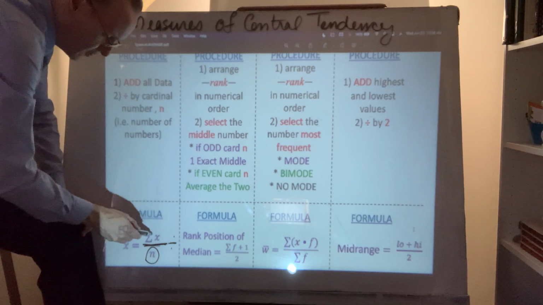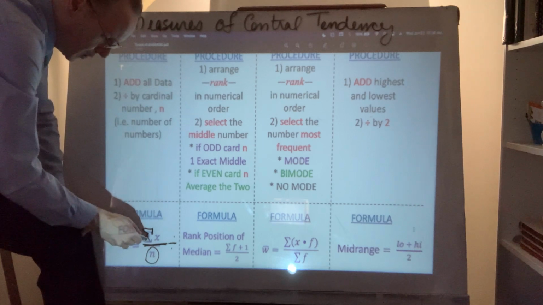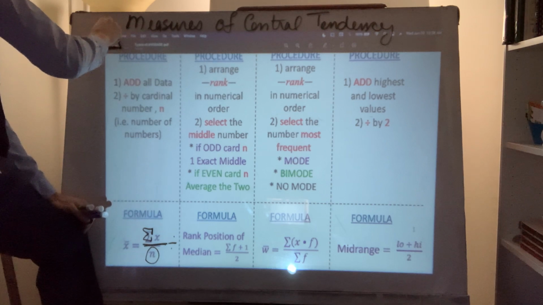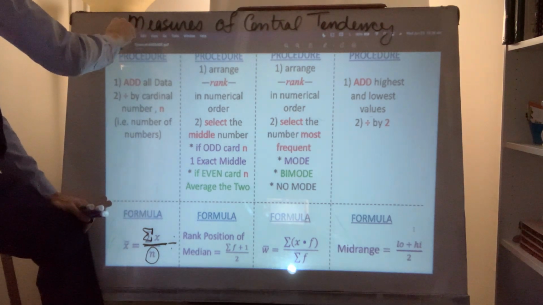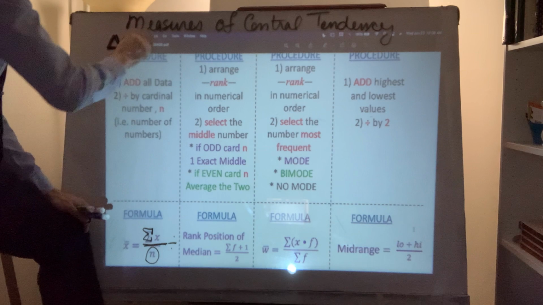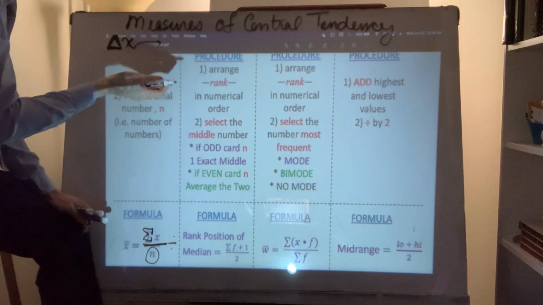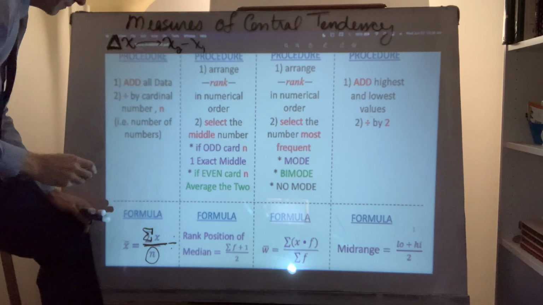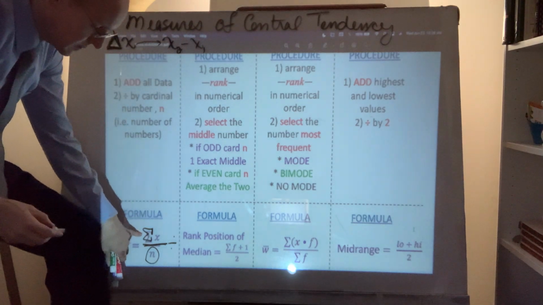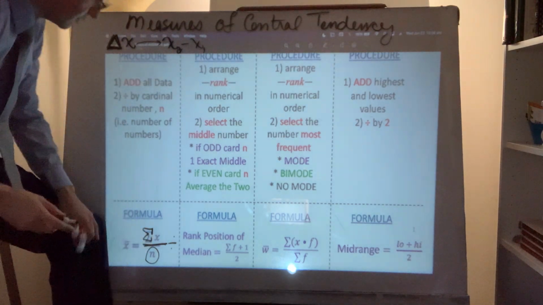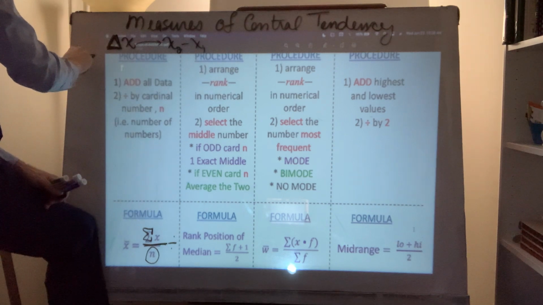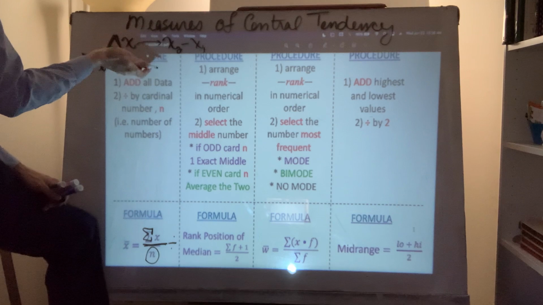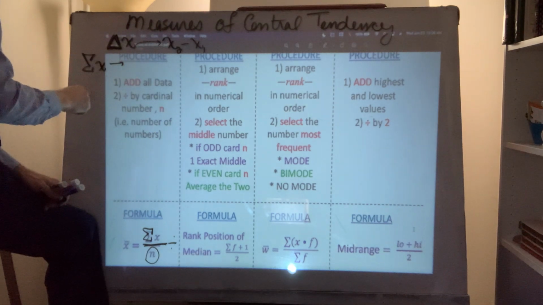And then there's the sigma letter that I mentioned earlier. Just like when you see a delta, think back to slopes. When you see delta x or delta y, it is an instruction to do something. It's subtracting two x's, for example. When you see a capital sigma in front of an x, it means add the x's. So instead of delta, d as in difference, sigma is s as in sum.